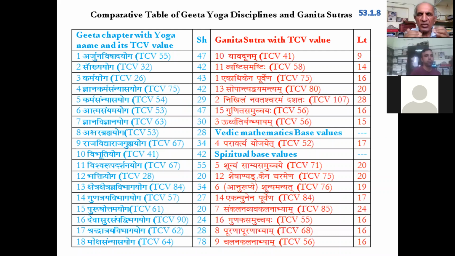Chapter 9, Rajvidya Rajguhi Yoga, the ninth yoga discipline of Gita, is having parallel tabulation of Ganita Sutra 4, and chapter 9 and Sutra 4 are providing twofold bridging, two-way bridging between the Adhyatam Vidya and the Vedic mathematics values.